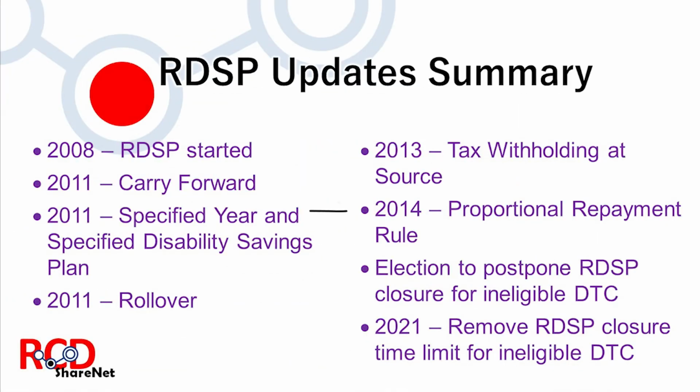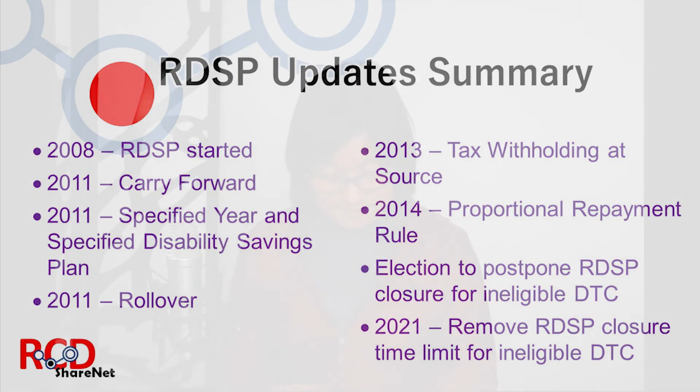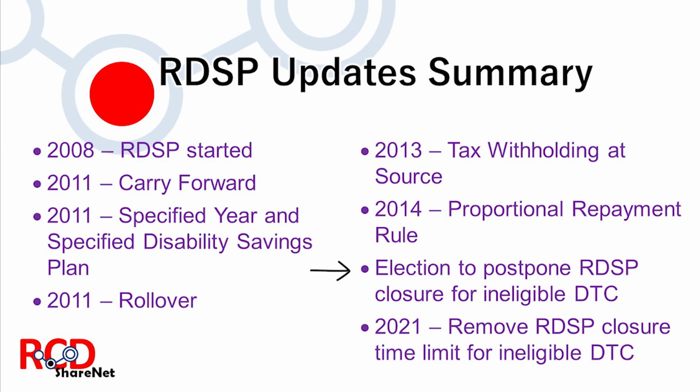Okay, we'll continue with the update of the RDSP. In January 2014, the government introduced the proportional repayment rule, which we talked about on the last episode. And in the same month, they also introduced that if the beneficiaries lose DTC eligibility, they can elect to postpone closing of the RDSP for 1 to 4 years.